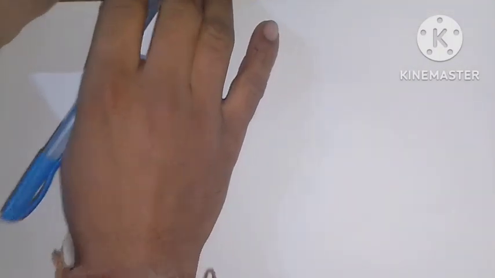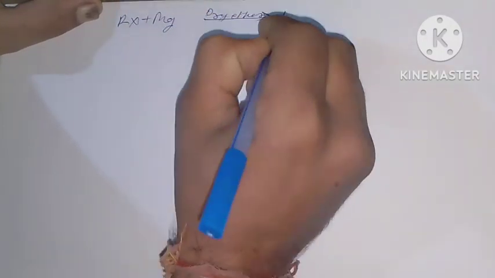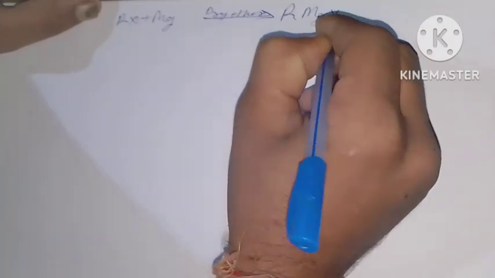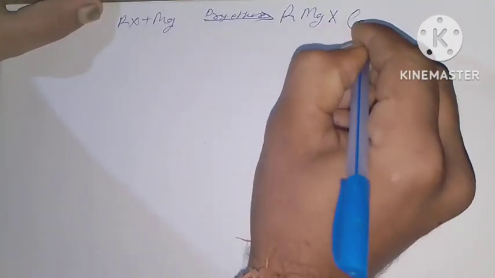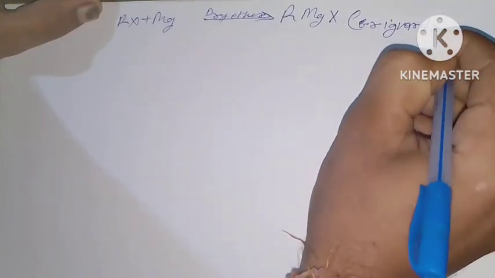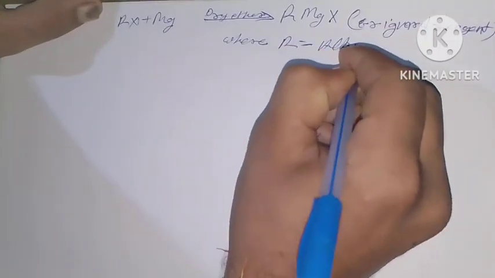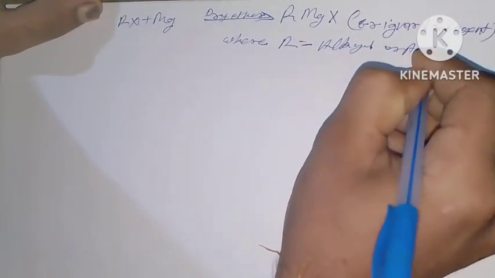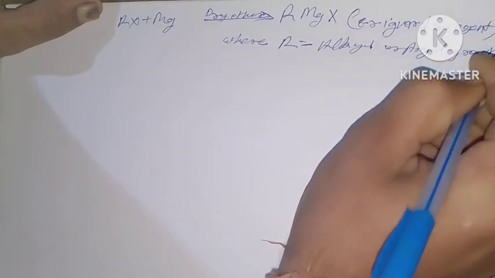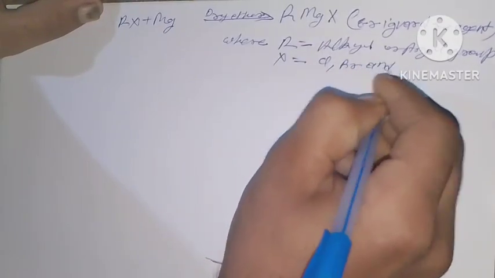RX plus Mg in the presence of dry ether gives RMgX, Grignard reagent. Where R is an alkyl or aryl group, and X is chlorine, bromine, or iodine.